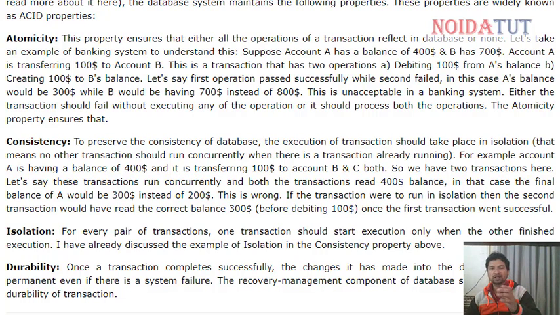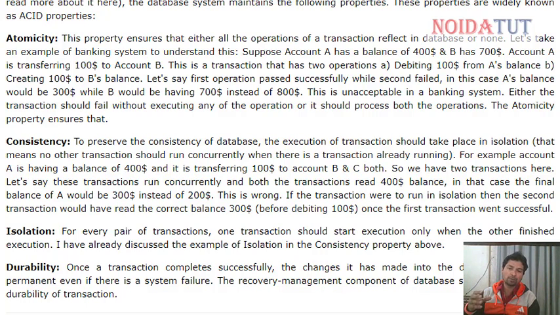Now let us take an example of banking system to understand this. Suppose account A has a balance of $400 and B has $700. Account A is transferring $100 to account B. This is a transaction that has two operations: debiting $100 from A's account, crediting $100 to B's balance.